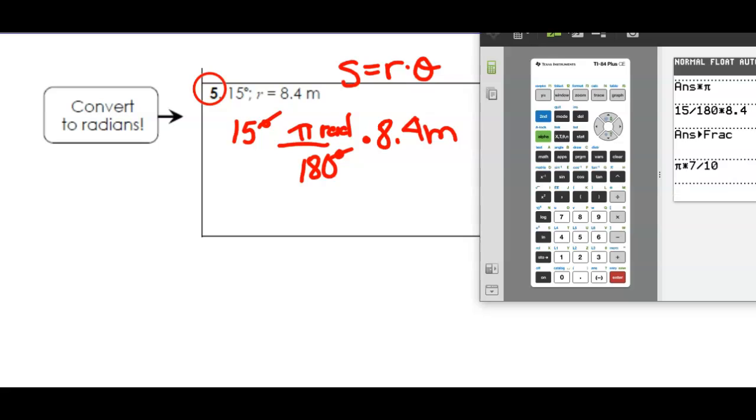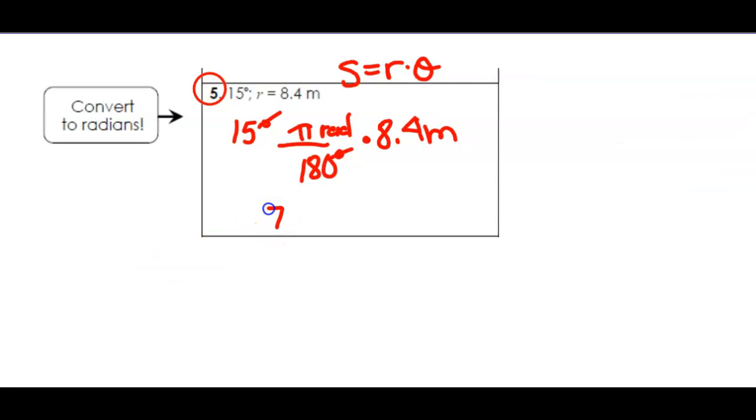So this all reduced to 7 pi over 10 radians, nope, kidding, meters, or 2.2 meters.